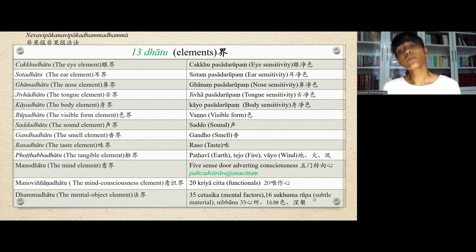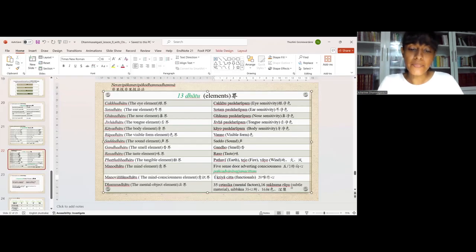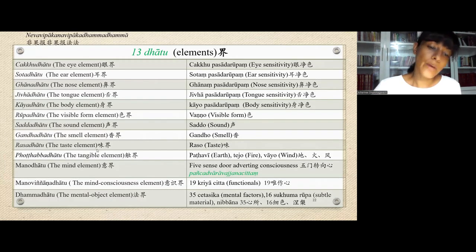And how are the consciousness or the chitta classified? Now we have 20 Kriya Chitta. First we get the Panchadvara Vajjana Chitta, which is classified under Mano Dhātu. As you would recall, in Mano Dhātu we get 2 Sampatichana and 1 Panchadvara Vajjana Chitta.